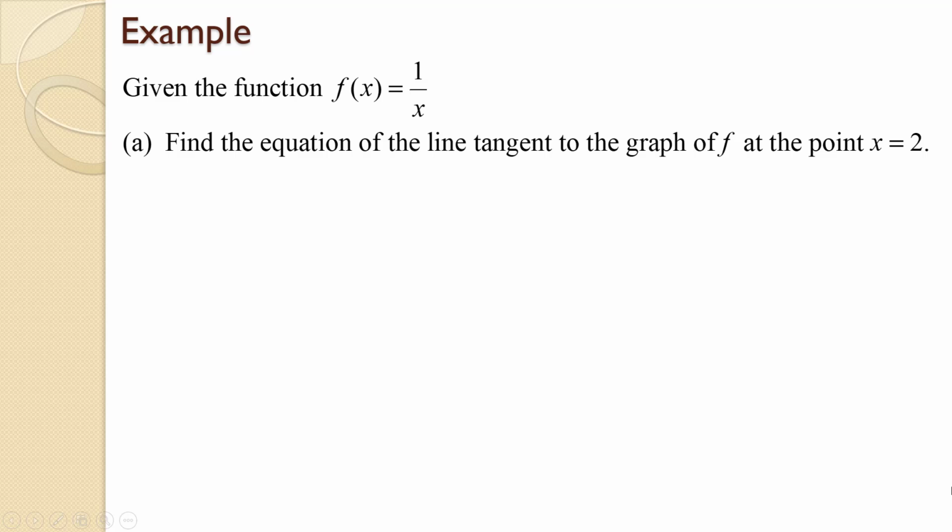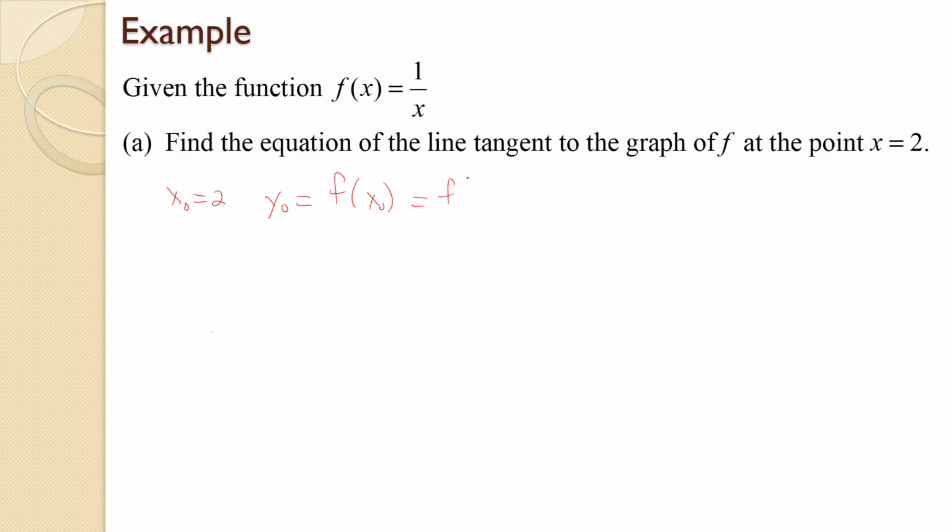So as a simple example, given the function f of x equals 1 over x, let's find the equation of the line that is tangent to the graph of f at the point whose x-coordinate is 2. Well, to find that particular answer, I would of course need to know what is the corresponding y-coordinate. So the x-coordinate of this point is 2. The y-coordinate is found just by evaluating the function at that x-coordinate.